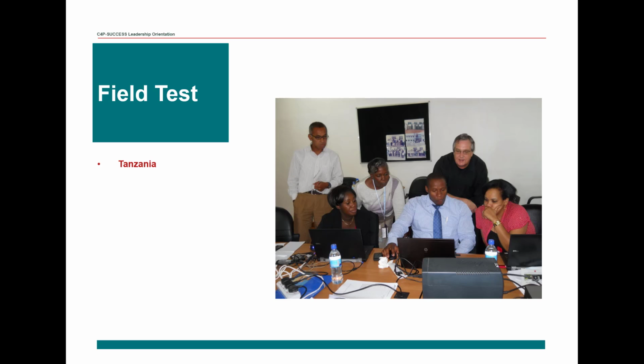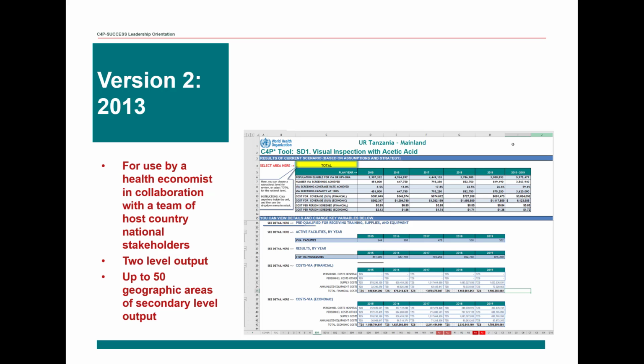So we went back to the drawing board and we came up with the second version in 2013. This version, version 2, was for use by a health economist in collaboration with a team of host country national stakeholders. It was designed to have two levels of output, but still on that second level, we allowed up to 50 geographic areas on the secondary level of output.